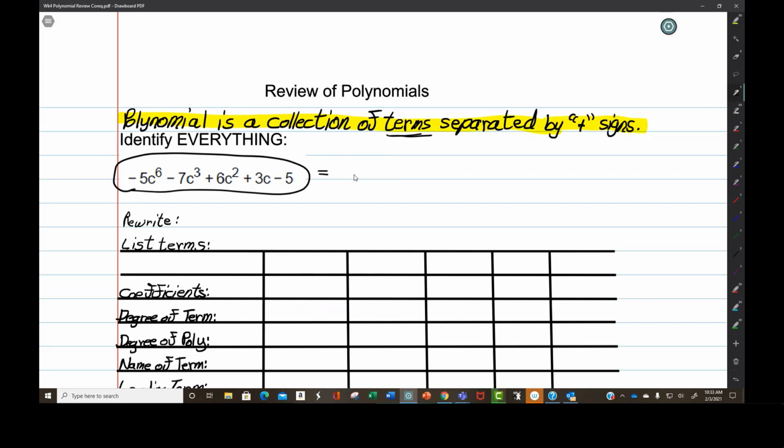I'm going to rewrite this. Oh, and I have a little place down here that says rewrite. Okay. Negative 5c to the sixth plus negative 7c to the third plus 6c squared plus 3c plus negative 5.